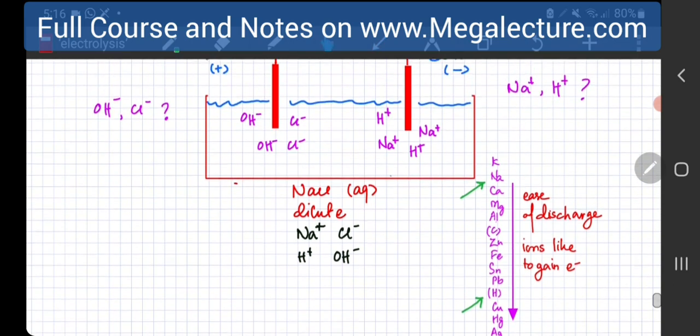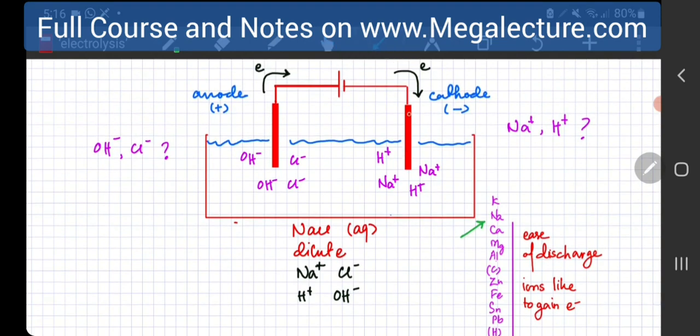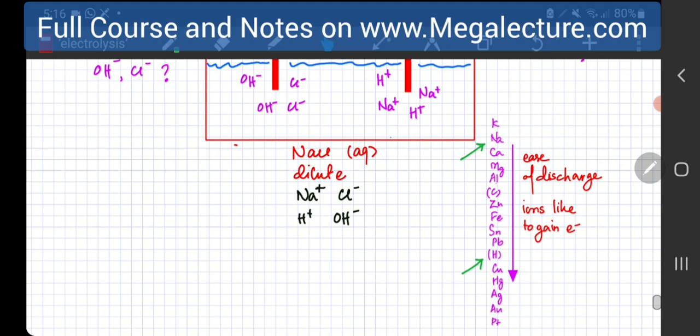So remember, the electrons are coming in. Either Na or H, someone is going to gain electrons. And remember, what did I tell you? The lower down in the reactivity series, they're the ones, the unreactive ones, that like to gain electrons. So over here, it's going to be H. H ions are the ones that like to gain electrons a lot. Remember, Na is very reactive.